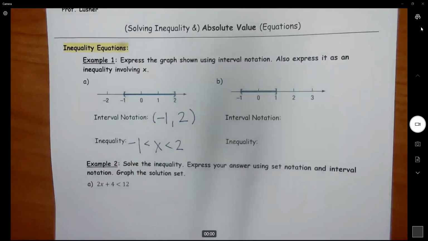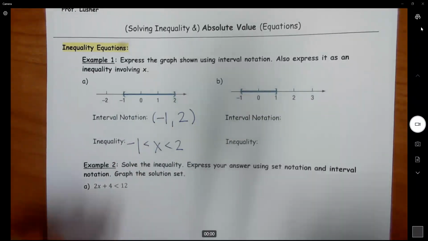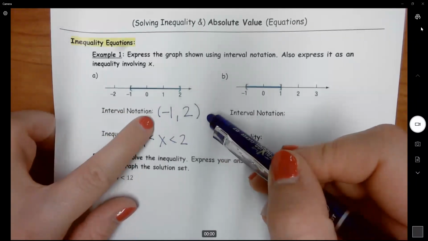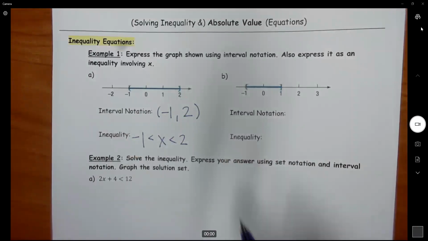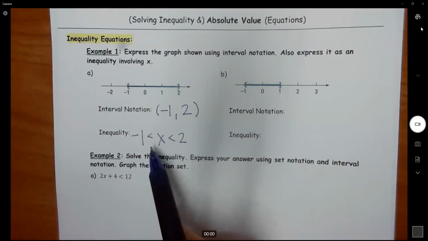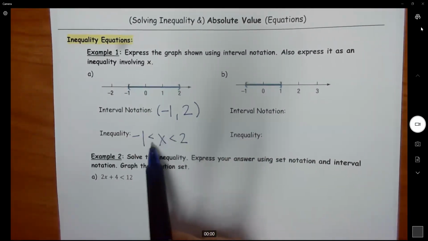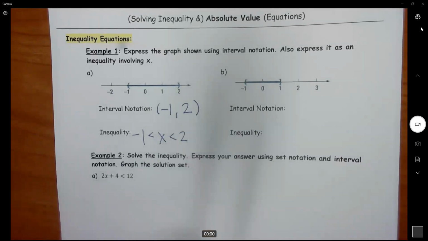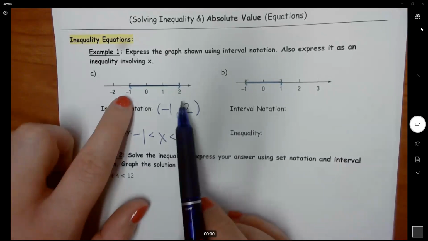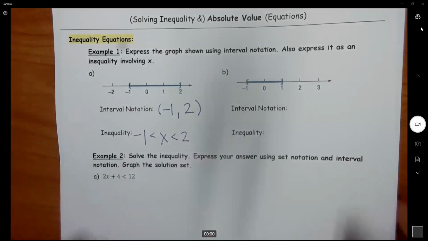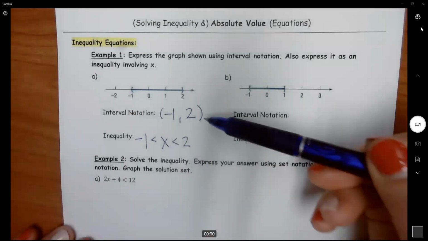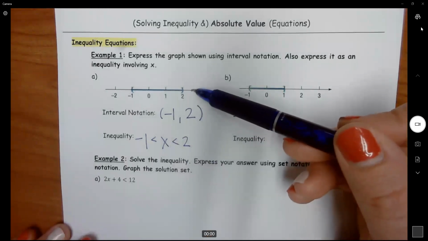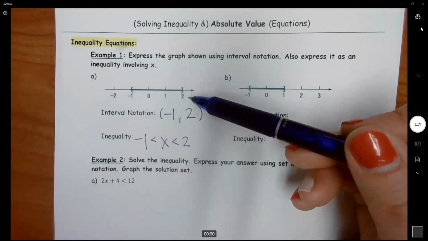And so now it's sandwiching these between these two numbers, just like this is here. And we're using both with a less than symbol and not less than or equal to, because again, that -1 and that 2 are not included. And I know that because we're using parentheses here instead of brackets. These two answers here are describing this same graph, just in different ways.